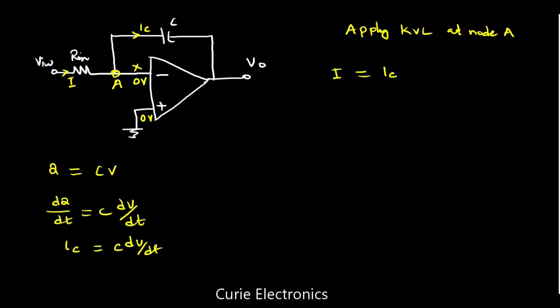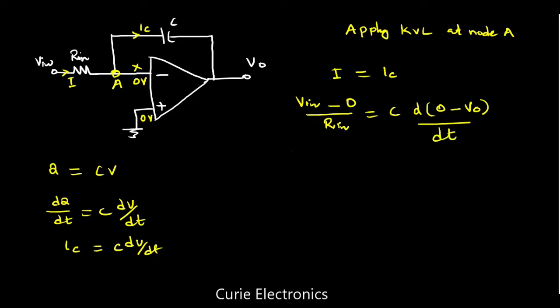Now we'll put the values. Now if we see what is I here, this current is flowing from V in to node A. So for I we are going to apply Ohm's law. That is V in minus 0 upon R in equals IC, we know C dV by dt, so C times d of 0 minus V0 upon dt.